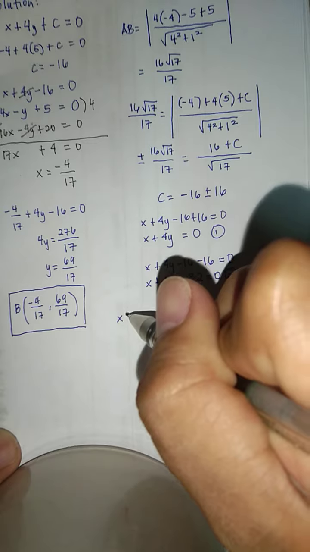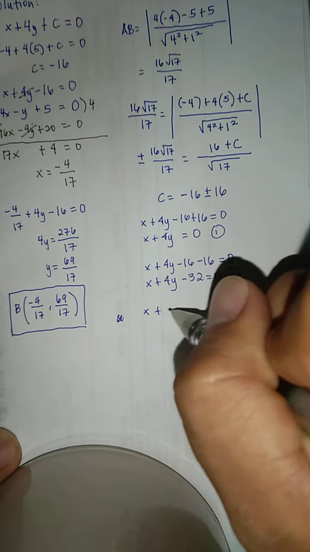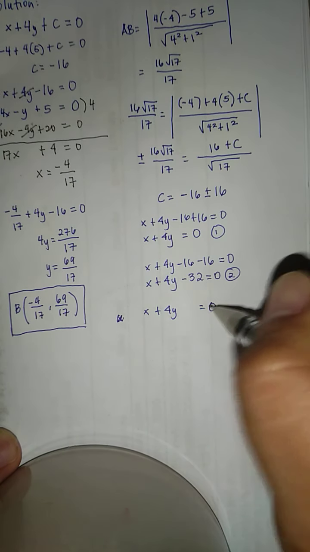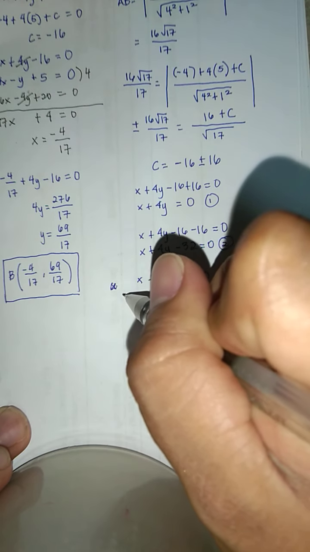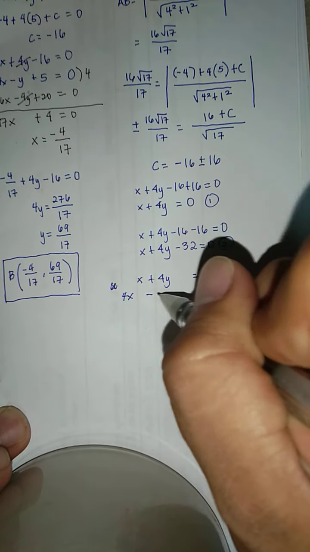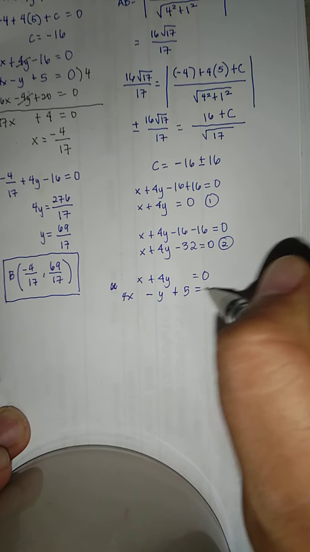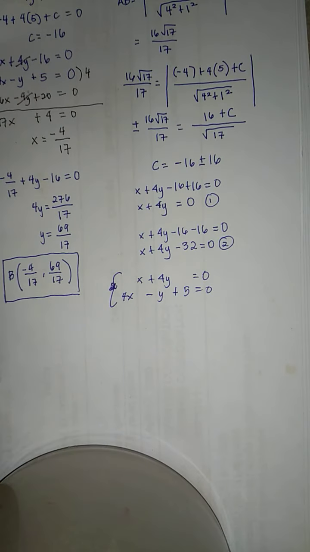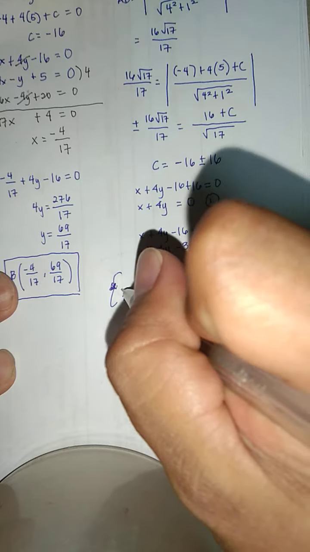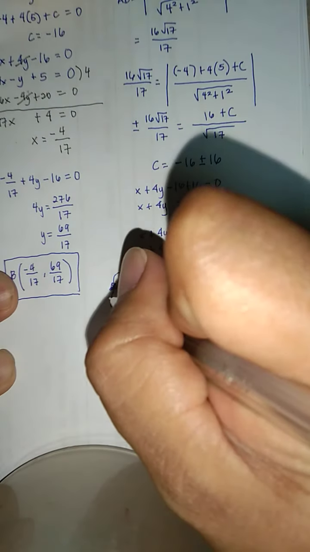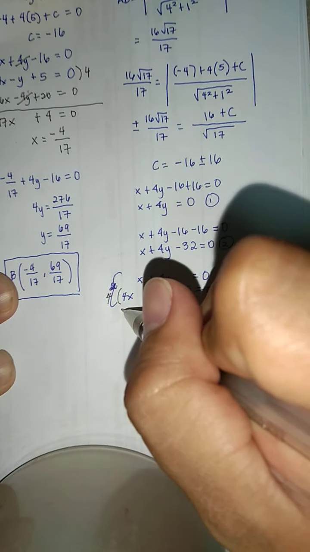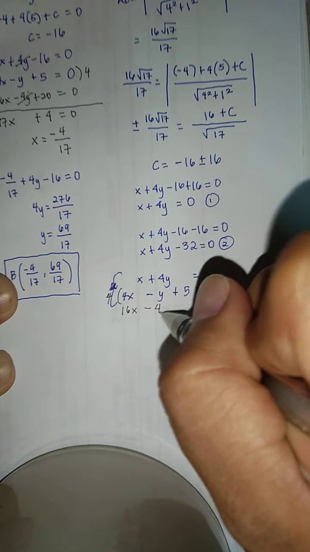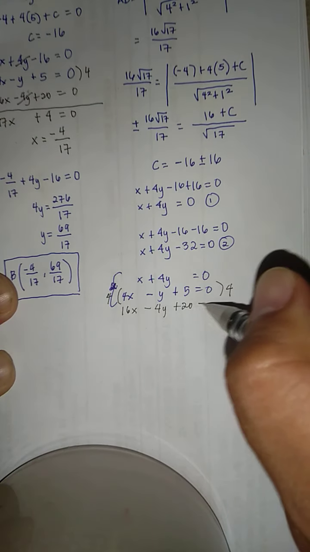You have x plus 4y equals 0, and 4x minus y plus 5 equals 0. I'm going to use the same elimination method that we did with the first one. You have here times 4, so you have again 16x minus 4y plus 20 equals 0.